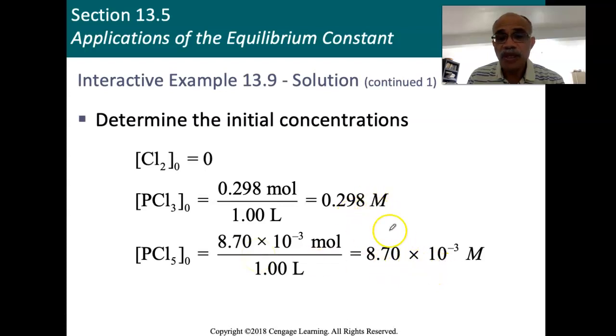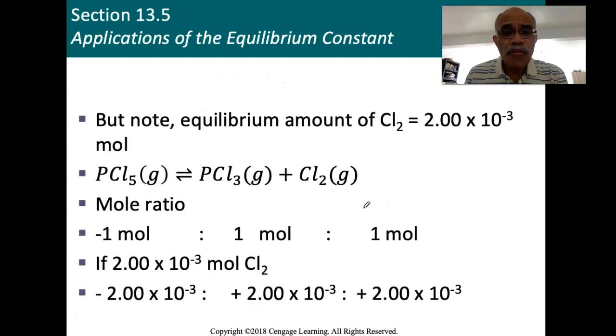So now you have the molarities of the initial concentrations of the two species here. Now we're going to set up. We know the equilibrium amount of Cl2 is given in the equation.